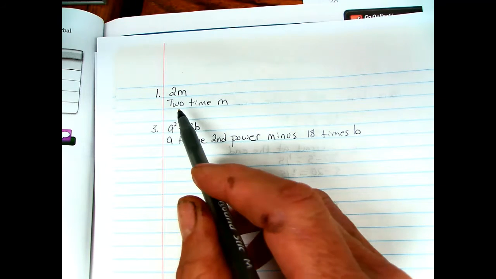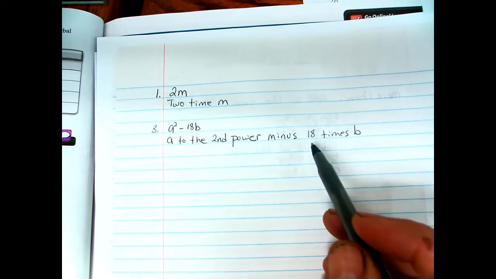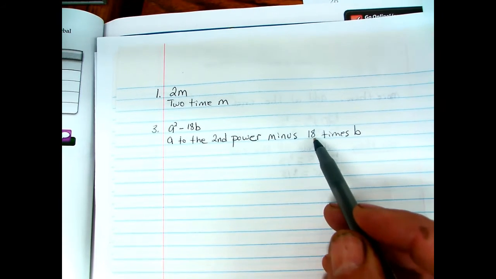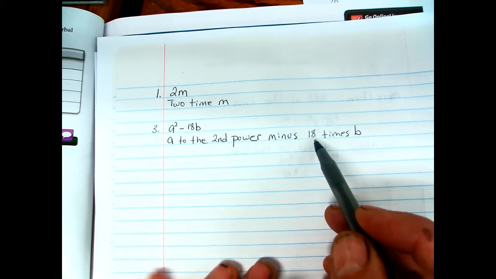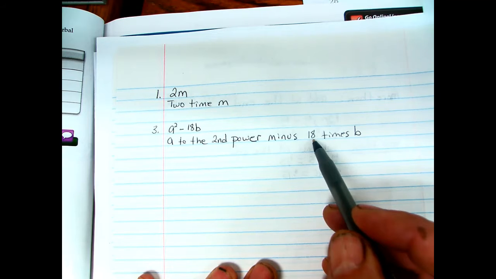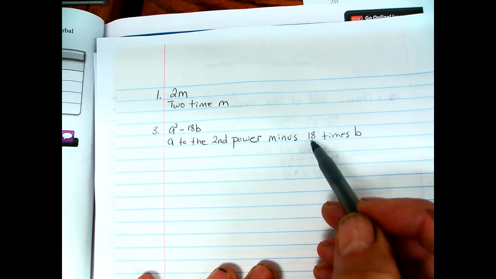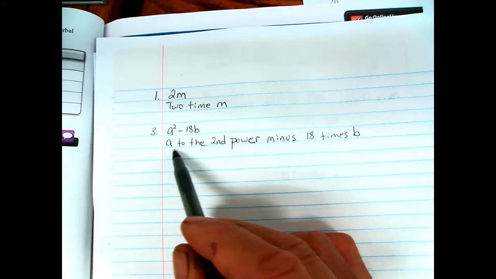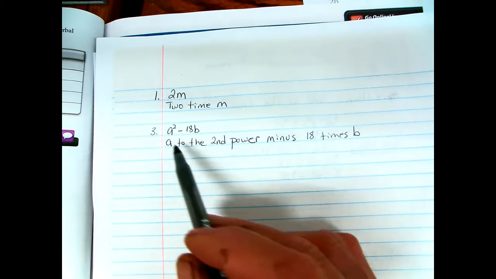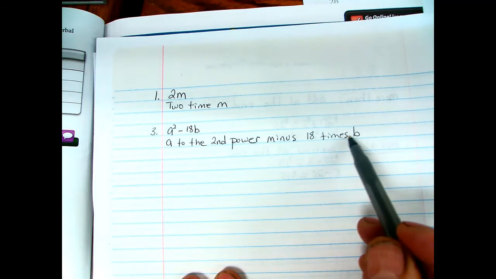Now here I wrote the word 2. Here I just used the number 18. I really don't care if you write the numbers out or if you just use the literal numbers. That's up to you, as long as you get this pattern correct. A to the second power minus 18 times b.